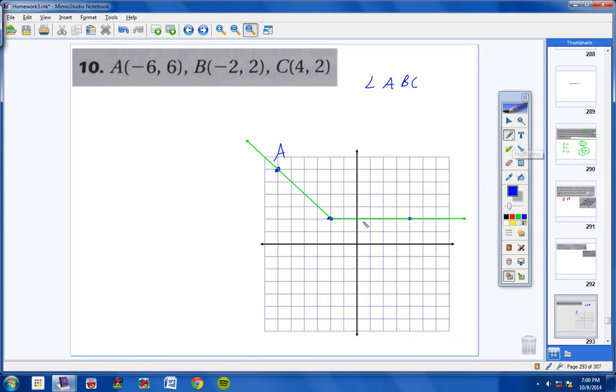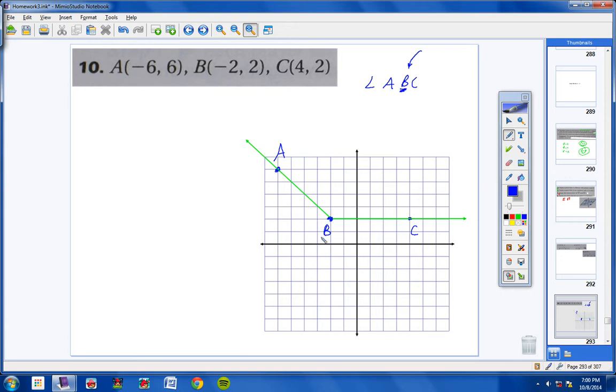You could have drawn your angle like this. There's one angle, or you could have drawn your angle like this. There's another angle. So it's so important you see that they want angle ABC. And since B is in the middle like this, A, B, C, then you know you want B here to be in the middle of your angle also.